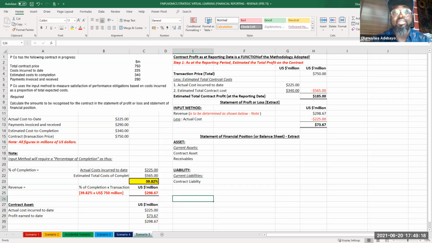The question then is, of that 298, less amount that has been invoiced. Less amount that has been what? Invoiced. Now, how much have I invoiced?